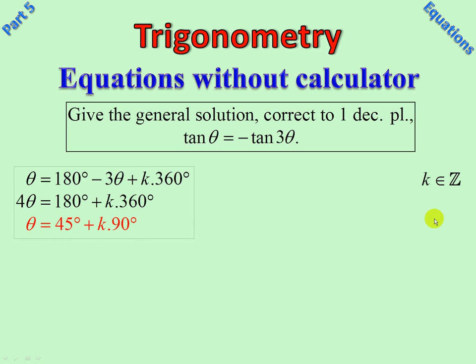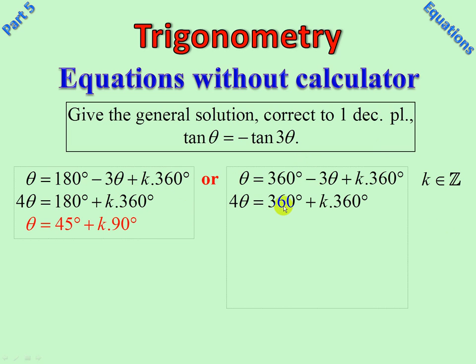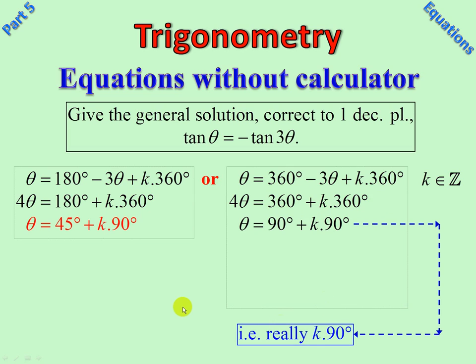Notice K90 degrees now. Now we're going to go for the fourth quadrant. We have second quadrant, now fourth quadrant, and we say theta equals 360 minus 3 theta. Now if we solve that, we get 4 theta equaling 360 plus K360. Do you notice that's actually K360, which is 90 plus K90, which is really K90.